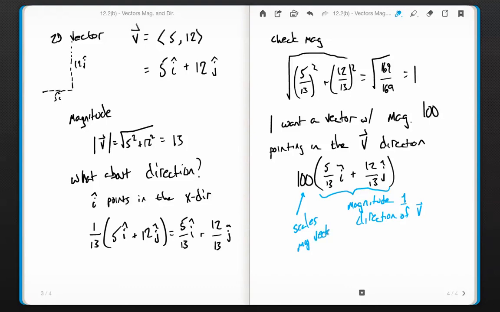Scales my vector. So magnitude, direction. It's a unit vector that points in the direction that I want. In general, to get a, I lost my, where am I here? There I am. Go back to the black pen.